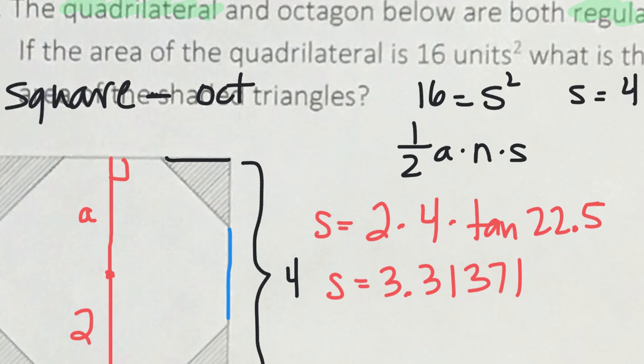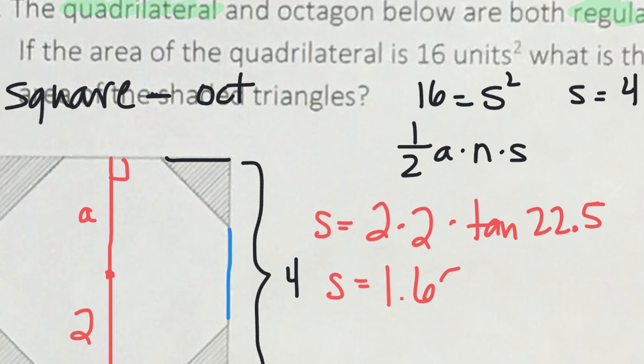It's a good thing I'm doing this with students. 2 times 2, times 2. So if I divide this by 2, that means I have a side length of 1.65685. Does that sound better? I think so. That's a pretty short side length, but that's okay.